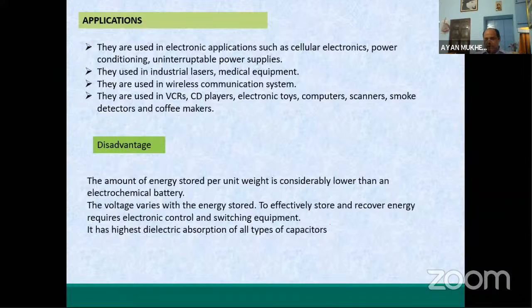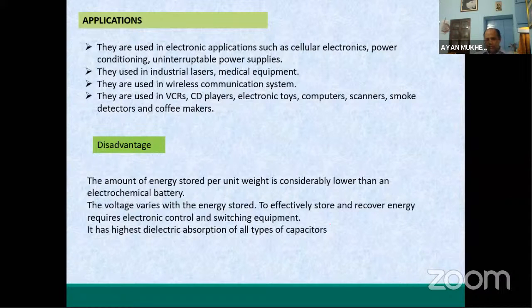And the voltage also varies while the material stores energy, which is very harmful for using it in different applications such as laptops, mobiles, etc.